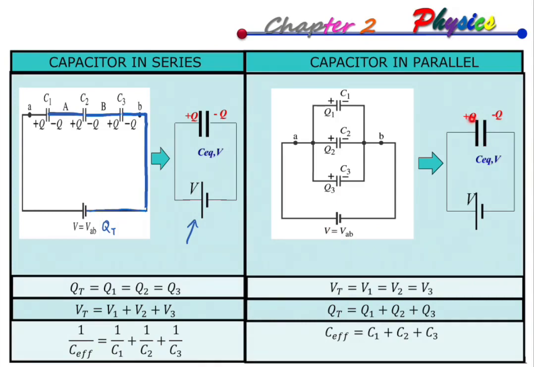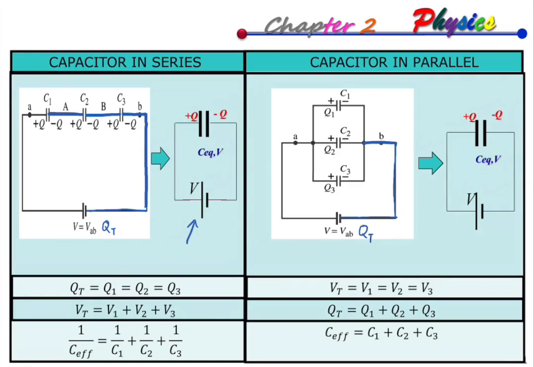And the total charge Qt is also equal to the total charge of this circuit. So let's try to do the same thing as we did for the capacitors in series. Electrons will flow out from the negative terminal of the battery, moving throughout the circuit, and then it will reach this junction here.